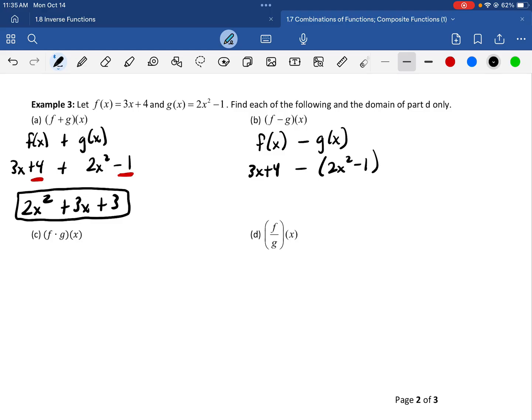That's going to make sure that you remember to distribute that minus sign to both things on the inside there, and you get the correct signs for your polynomial. So I distributed there. Again, the only things that are like terms here are the 4 and the 1. So we go negative 2x squared, doesn't have a like term. 3x doesn't have a like term. And 4 plus 1 is going to make that 5.